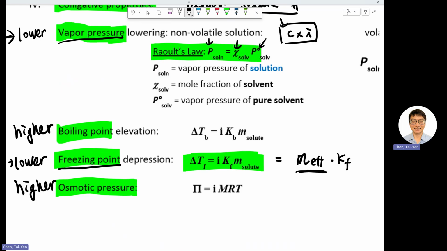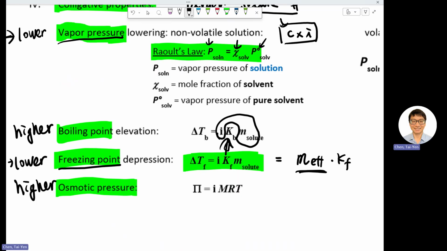The equation is basically the same. You still have this effective concentration, but here you need to use a different constant, which we call the boiling point constant, K_b. Again, that gives delta T_b, so the final boiling point will be your normal boiling point plus the delta T_b.